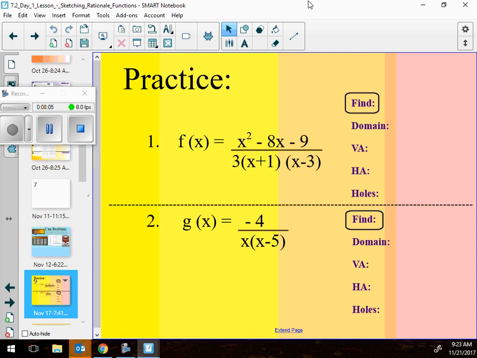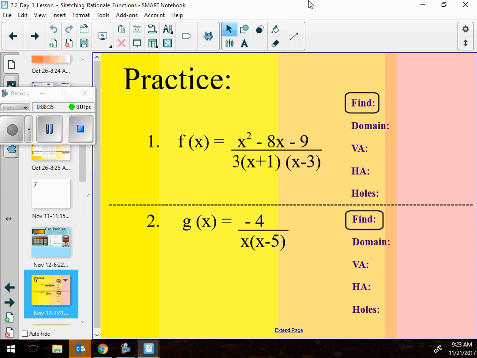It says 7.2 day 1. And again, this is posted on today's date, which is 11-21. Find this. It's about the 9th slide. Okay, would you turn your iPads my way so I can see how many of you have found this exact slide? All right, 90% of my kids have got it, so awesome. I'll come and check on those last 10 in a minute.